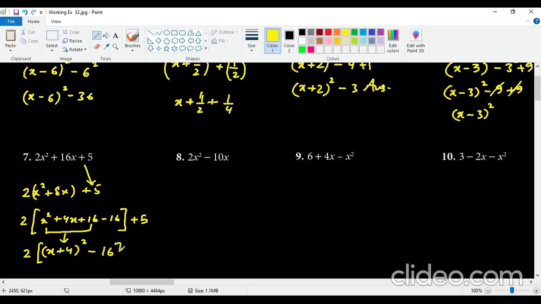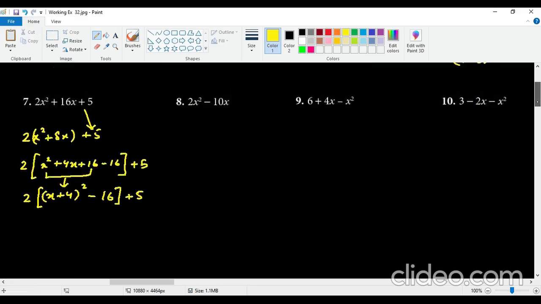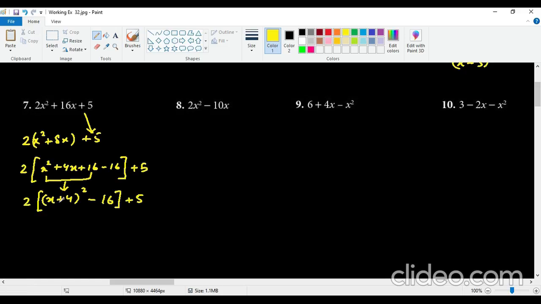So what will happen is, I will multiply this 2 first by this one and second by this one. So 2 will be multiplied by (x + 4) whole square.